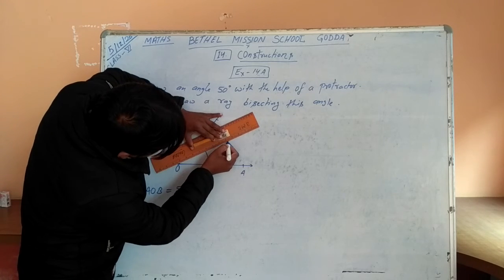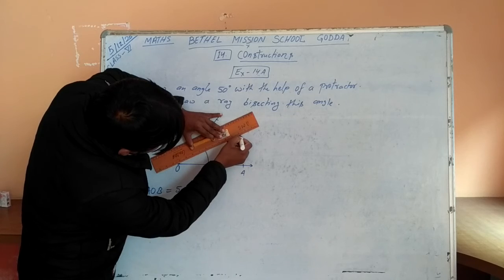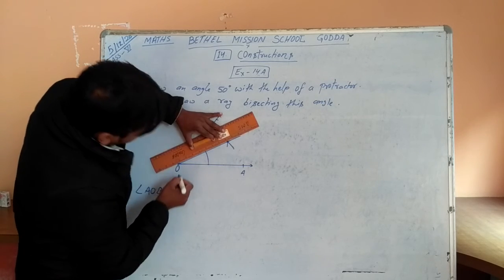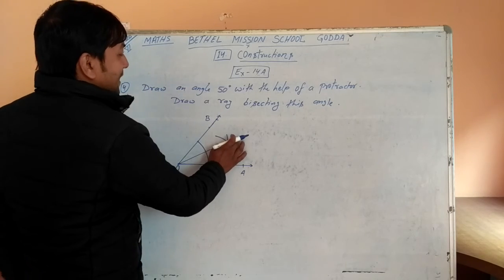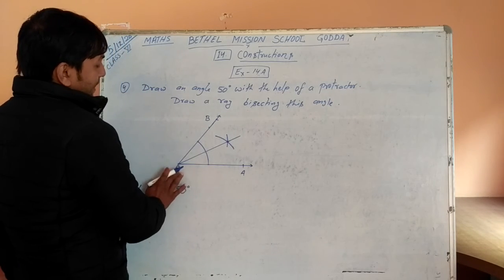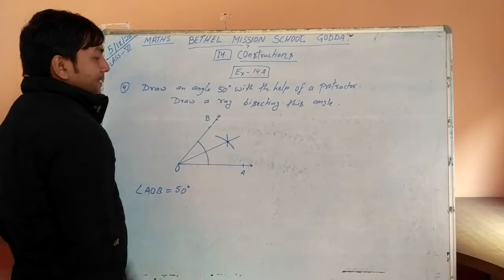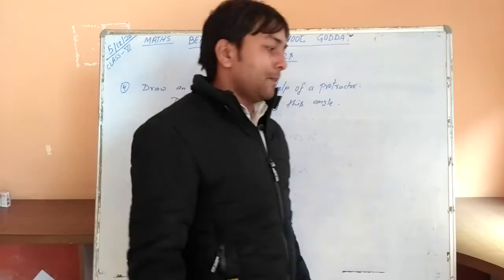Yes, it makes here. Okay, so this line divides angle AOB into 2 equal parts.